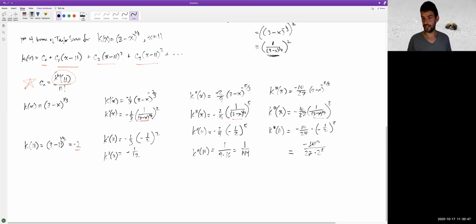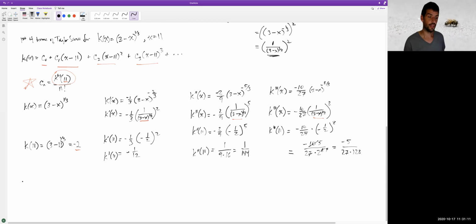I can cancel a factor of 2 with the numerator, but I don't think I can do any more of this in my head. So this is 27 times 2 to the 7th. Well, let's see. What was 2 to the 5th is 32, 64, 128. I'm just going to leave that like that for now. We can compute these numbers when we're all done.